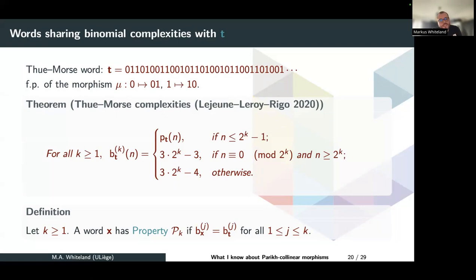And now we're interested in words that have the same complexities up to some parameter k. So here, for example, if k is 3, a word has property P3 if the abelian complexity function is the same as the Thue-Morse word's, and the 2-binomial and the 3-binomial complexities are also the same as the Thue-Morse word's.